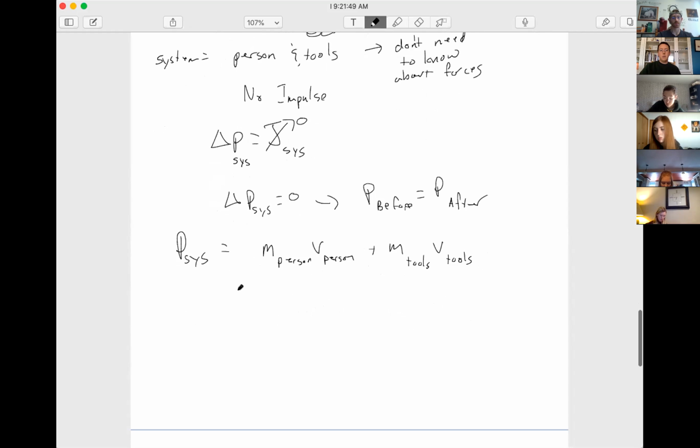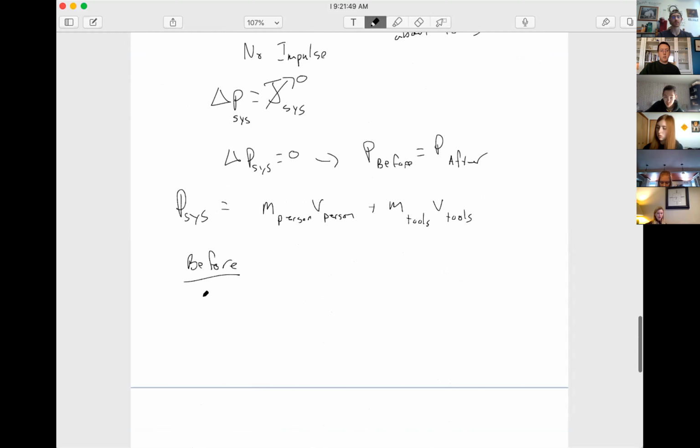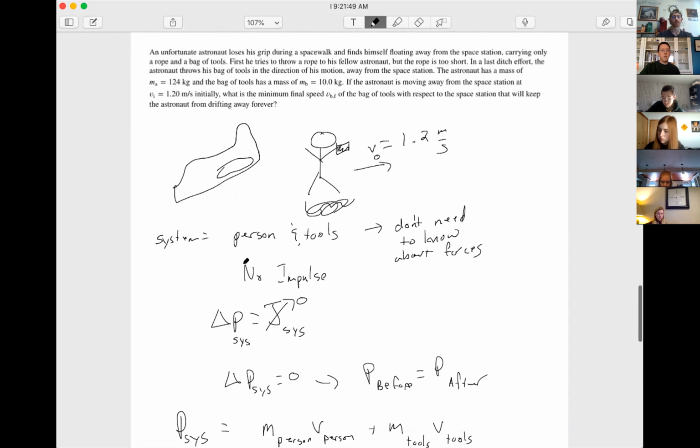Before, okay, so I'm going to do the before. Let's see, the tools have a mass of 10 kilograms. The person has a mass of 124 kilograms. And the velocity is 1.2. So I'm going to say 124 kilograms. Oh, is that right? Sorry.